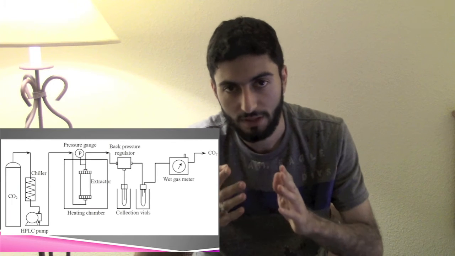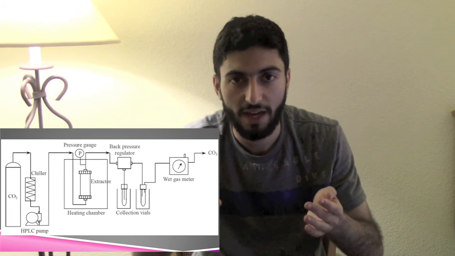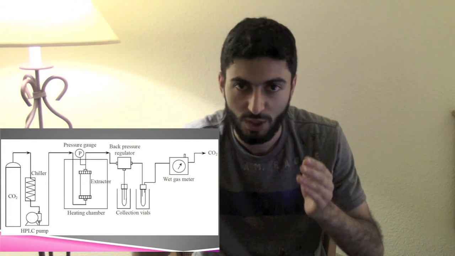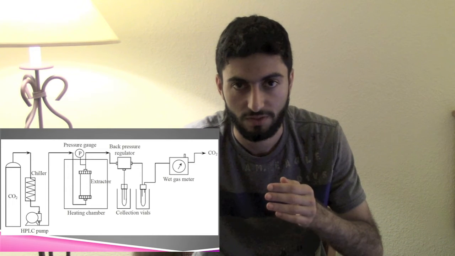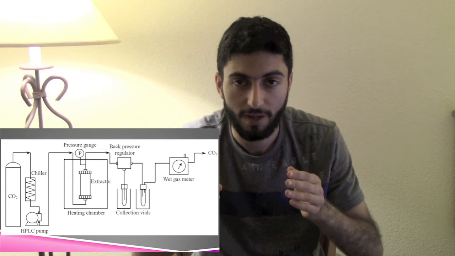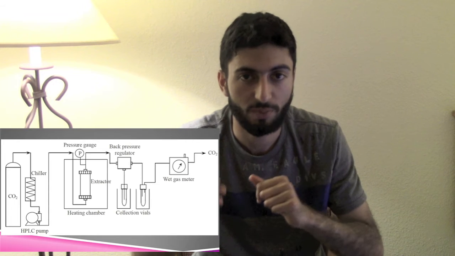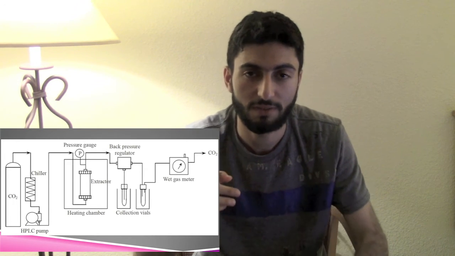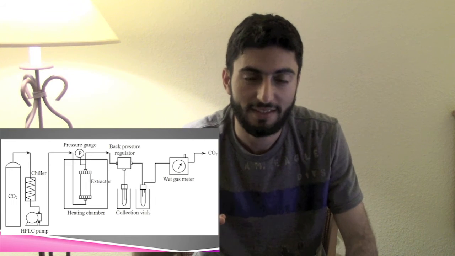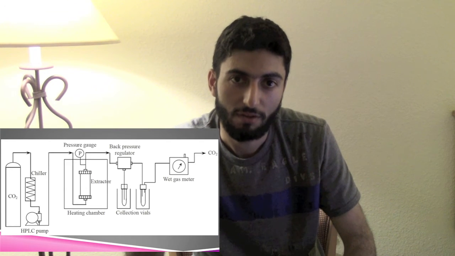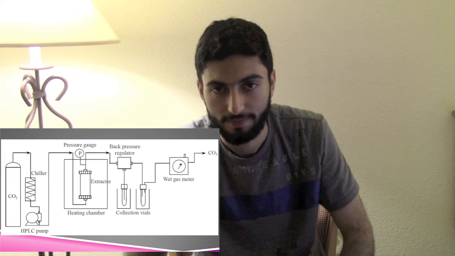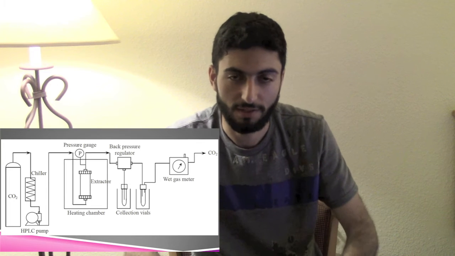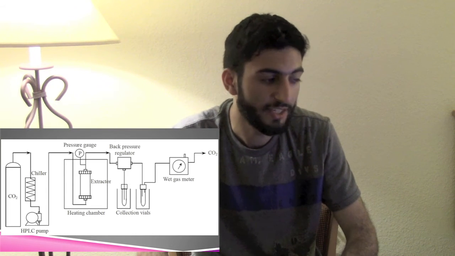So what will happen in this diagram is that the carbon dioxide will be fed, and in the chiller its temperature will be decreased to 5 degrees Celsius. And then the pump will increase the pressure of that carbon dioxide to 50 bar, which will make it a liquid carbon dioxide.